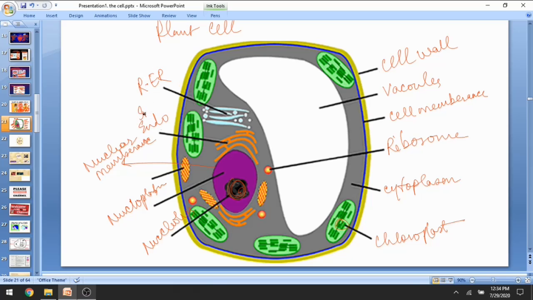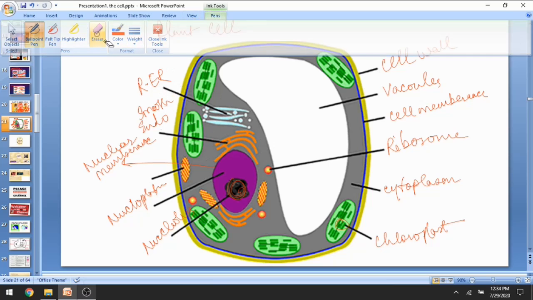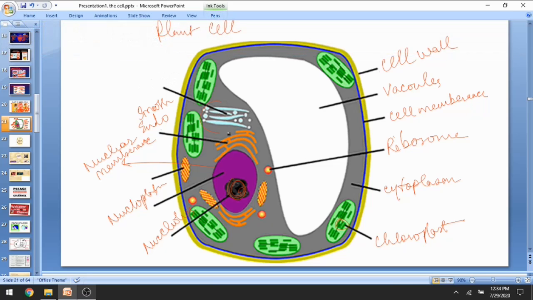This is known as smooth endoplasmic reticulum, with no ribosome present on its surface. And this particular thing is known as the Golgi complex, which helps in packaging of protein molecules before it sends protein molecules safely in and out of the cell.